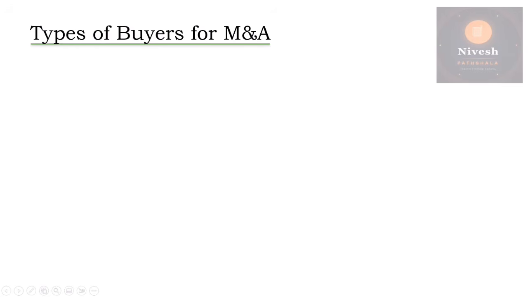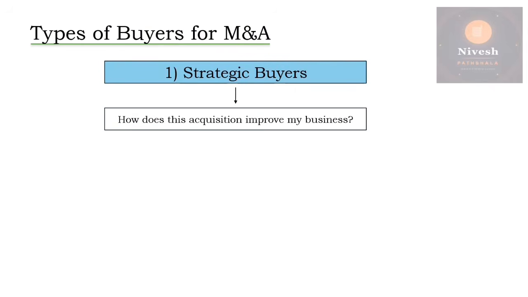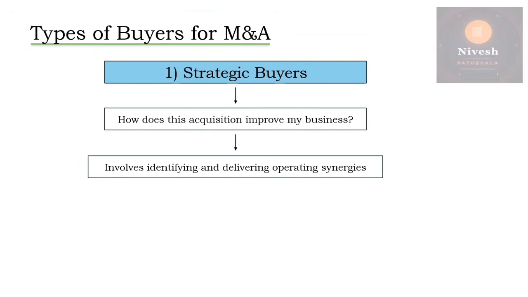Now the last part of this video: who are the buyers for M&A? Who will buy these companies? There are a total of two buyers. The first one is strategic buyers. Who are the strategic buyers? They think: after this acquisition, will it be helpful for my business?